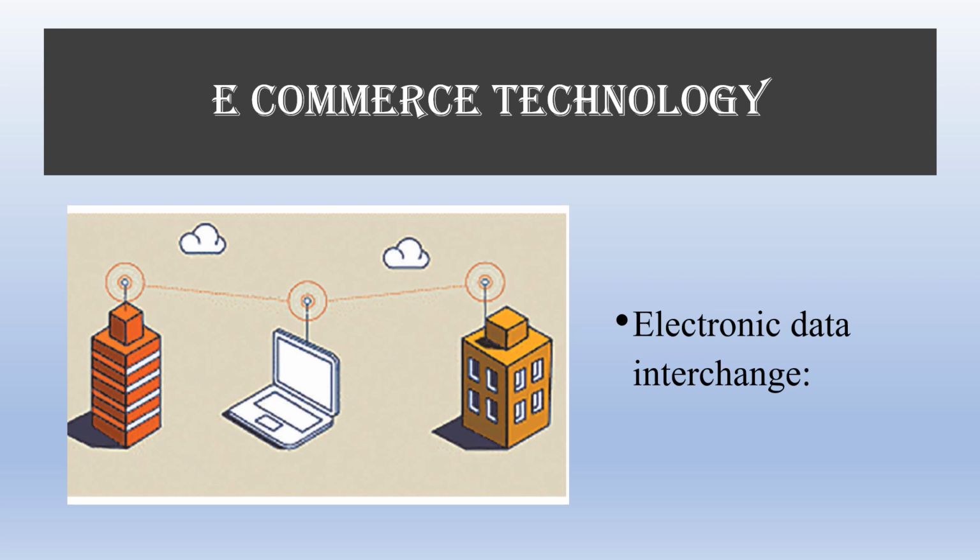Many business documents can be exchanged using EDI. The most common documents are purchase orders and invoices. It is computer to computer interchange of strictly formatted documents via telecommunications or physically transported on electronic storage media.